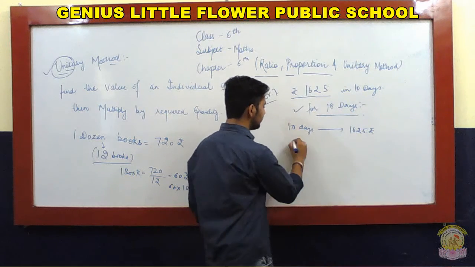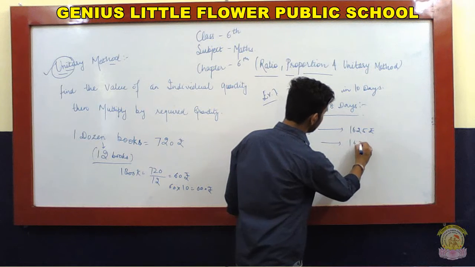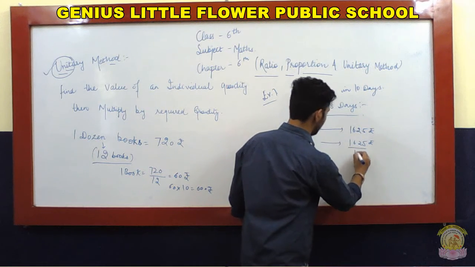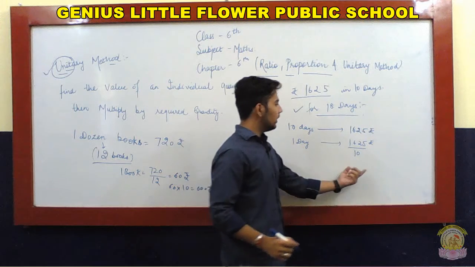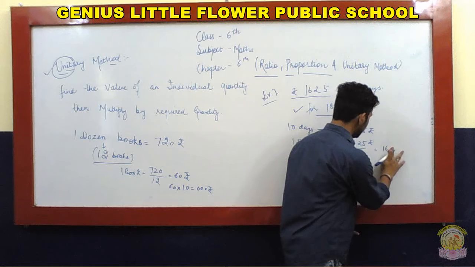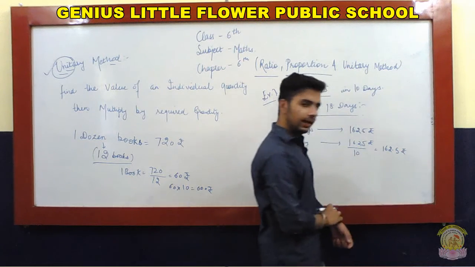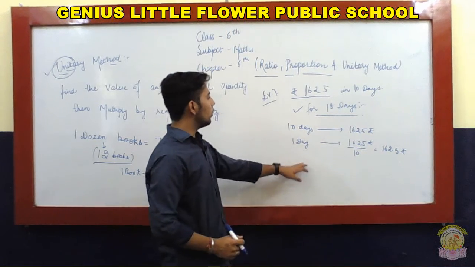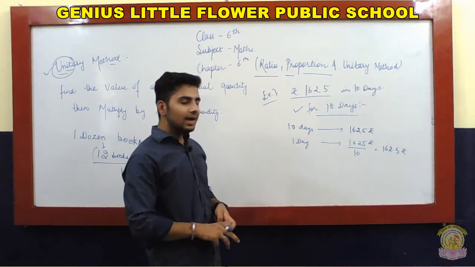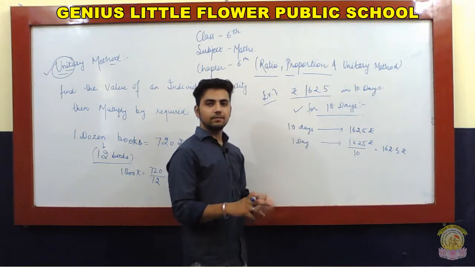So for 1 day he will earn 1625 rupees divided by 10, right? So he earns 162.5 rupees per day. Okay, so now we are going to calculate it for 18 days. हमें क्या करना है, simply we will multiply both sides by 18, है ना?